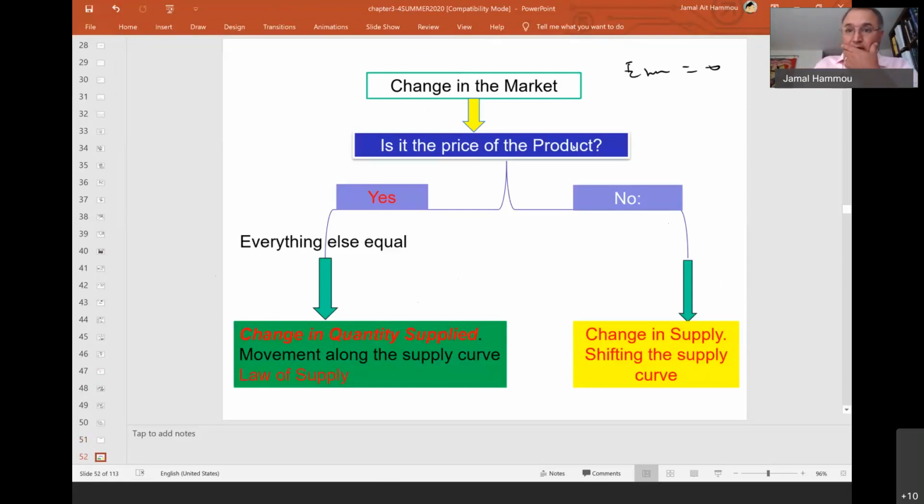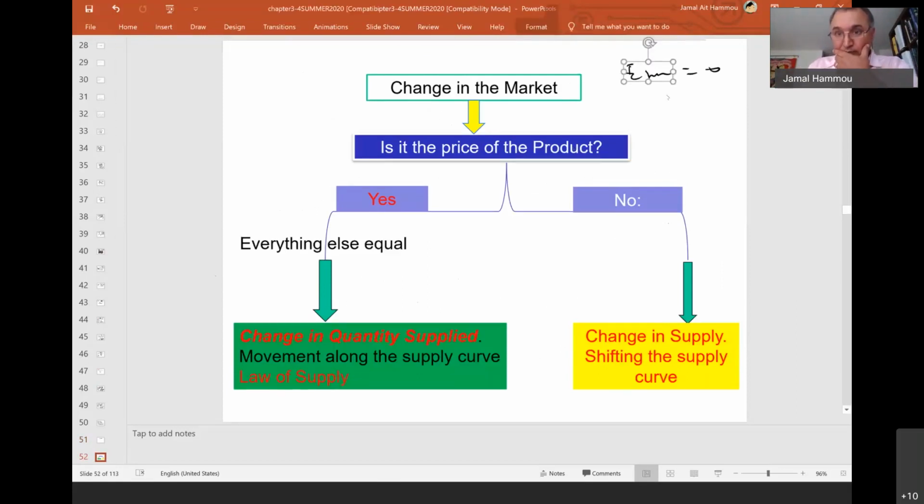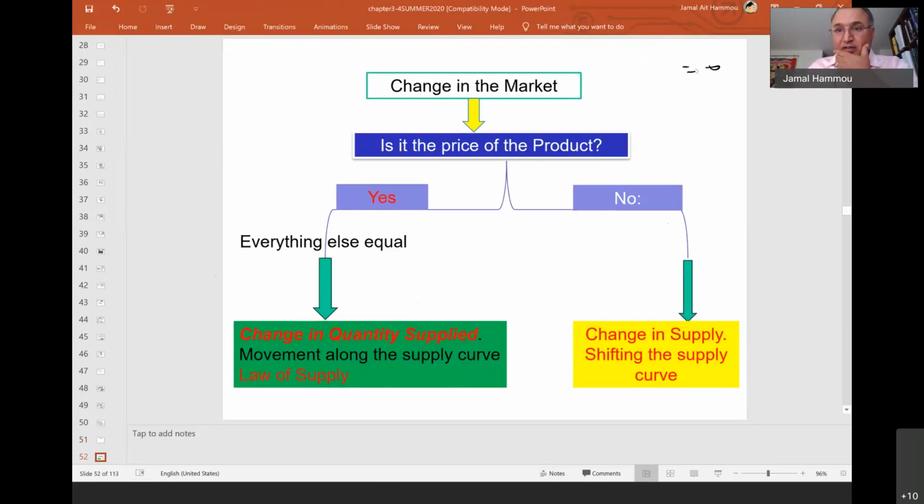So now let's go back and I'll show you how to use this model. The first thing you do, you will have a graph like this. You put price, you put quantity, you put the name of the good here. You build the supply curve or the demand curve. Then you ask yourself, something changed in the market.